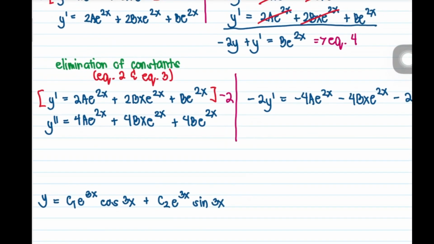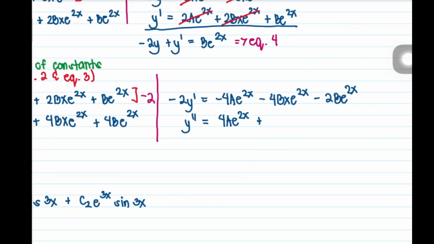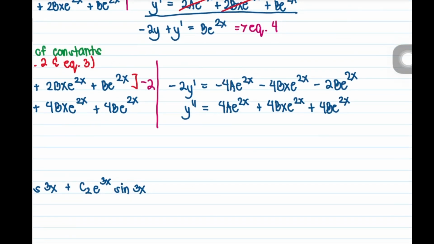Then let's copy the other equation, y double prime equivalent to 4ae raised to 2x plus 4bx e raised to 2x plus 4b e raised to 2x. So let's simplify. This one will be cancelled, and cancelled.